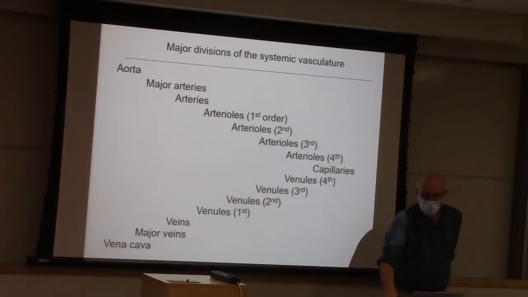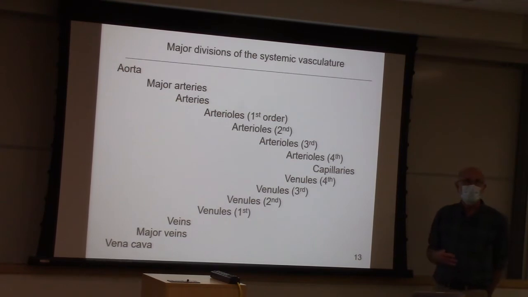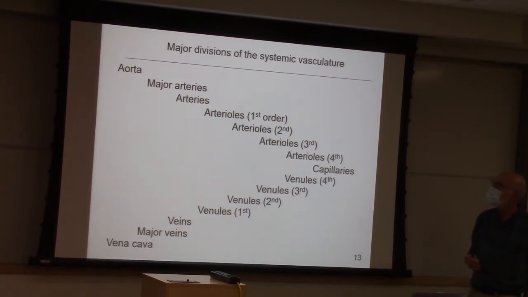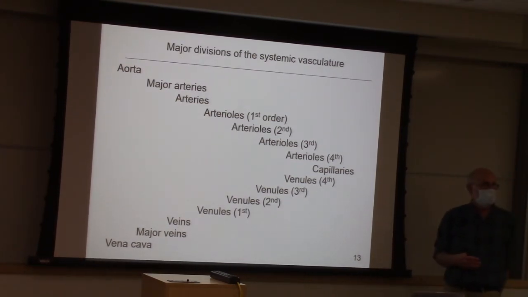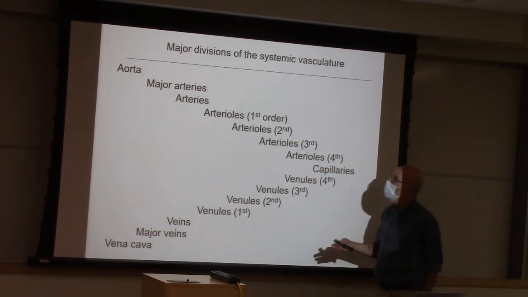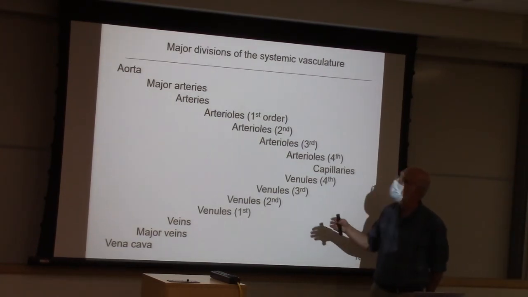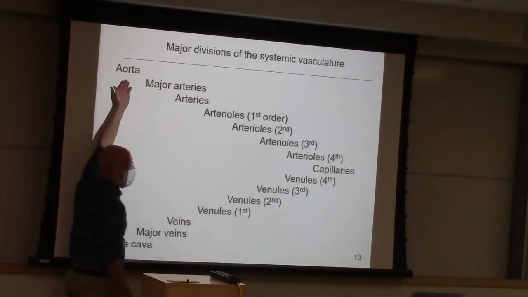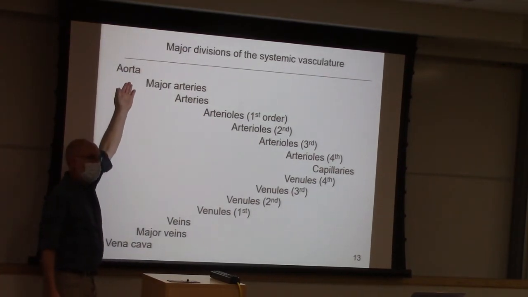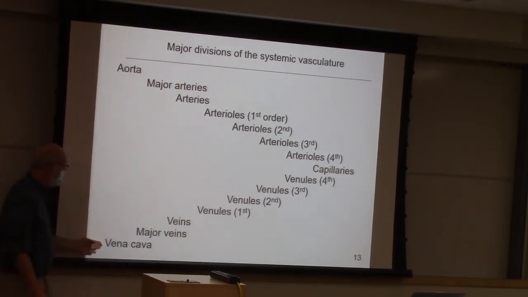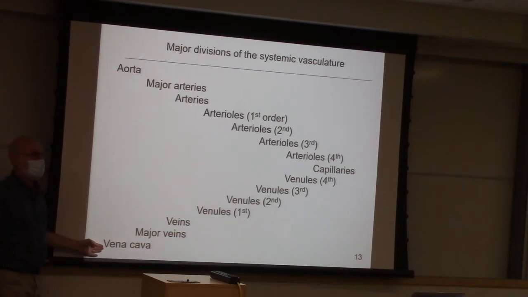Okay, so now we're going to talk about the circulatory system in some detail. So this is just a sort of a flow chart. Aorta. We're going to start at the biggest artery, and we're going to end at the biggest vein.